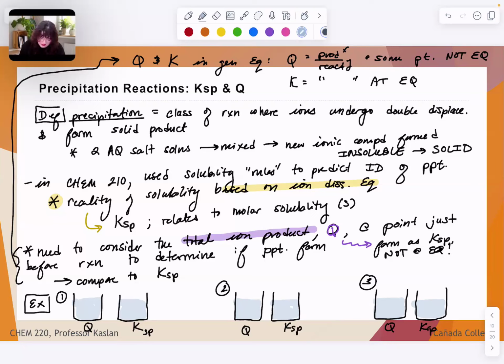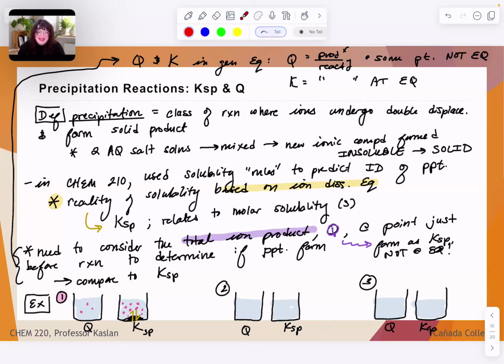In scenario 1, let's consider a solution where at some point Q, we have that many ions in solution compared to when we are at saturation. This is where we see solid. And then we have our max number of ions possible crammed into solution. So this is our saturation point, the saturation dissociation equilibrium.